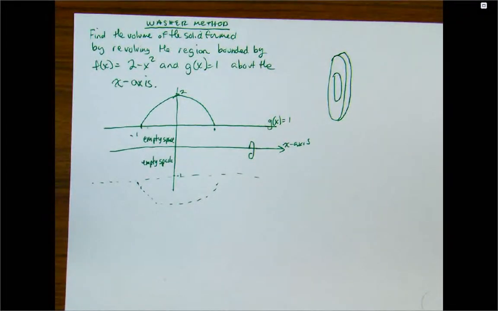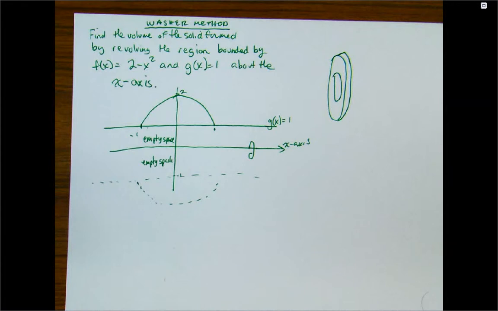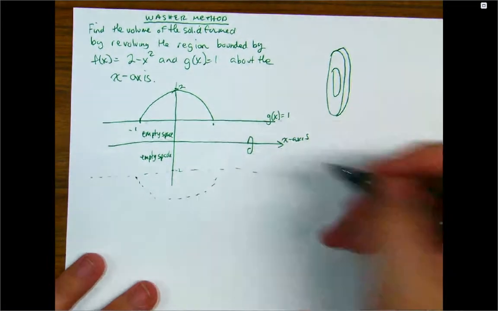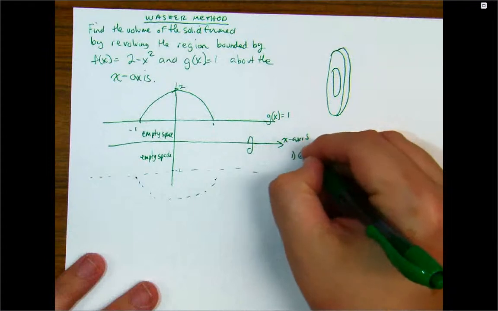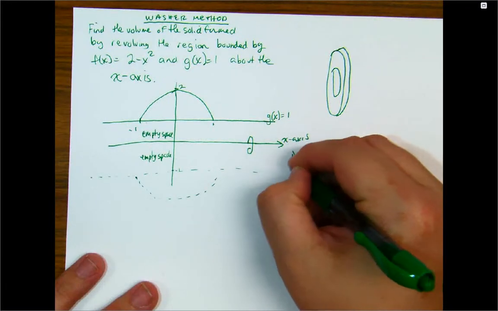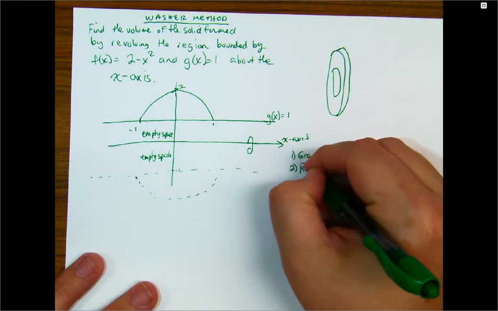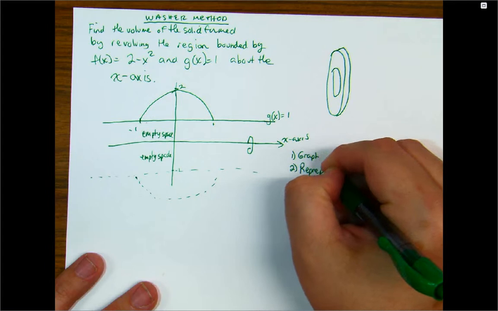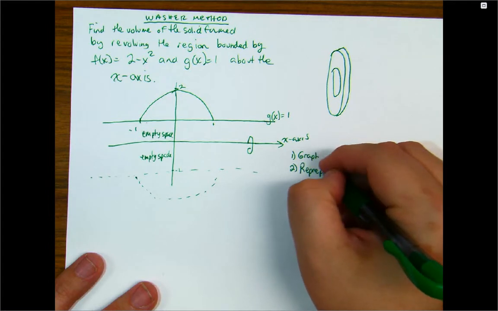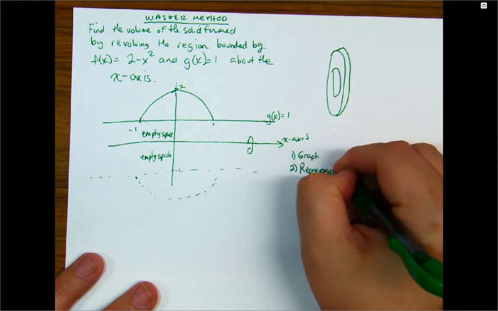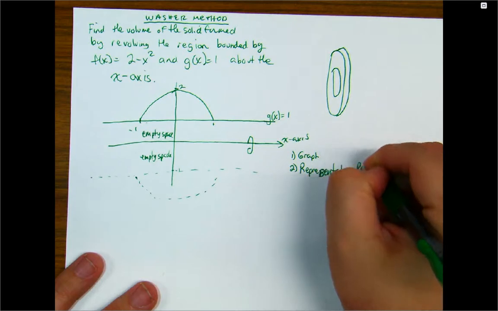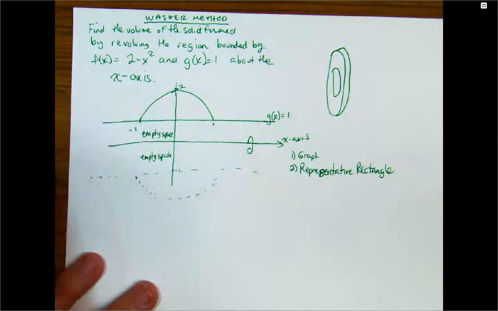Now, the process is the same. The integral is going to be different. That's the only thing. So, one, you're going to graph, which we did. Two, we get a representative rectangle. So build that rectangle.